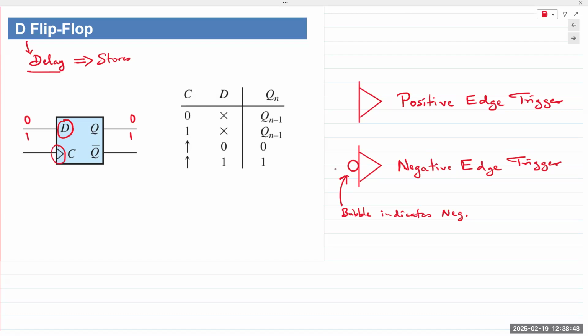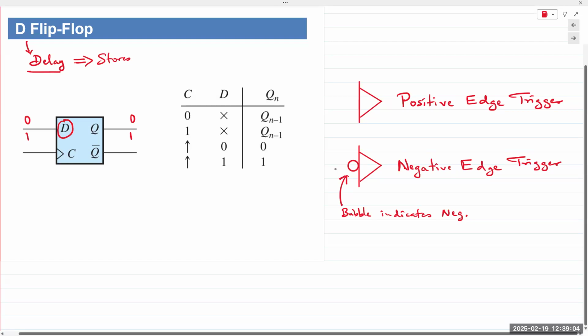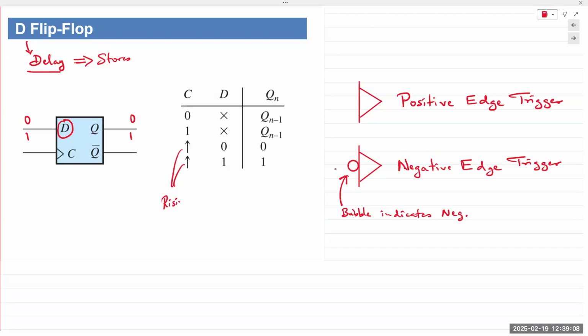It's edge triggered, and it's a positive edge triggered, meaning it'll only function when a positive transition occurs in the clock input. So when the clock goes rising edge, then whatever is present at the input, meaning at the D terminal, is sent to the output.